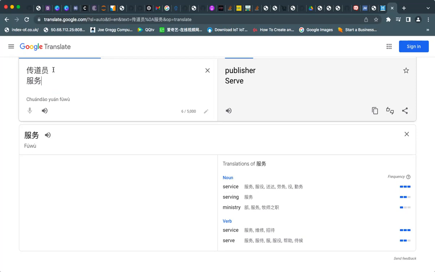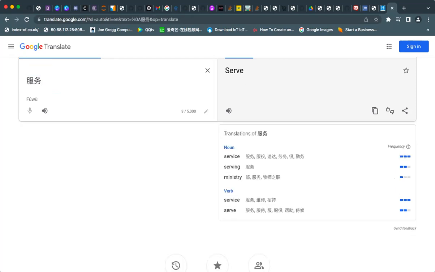No, don't mix the two. We just picked up 传道员 just for fun, just for the 员 part. So what was the 员? Wasn't 员 a publisher?